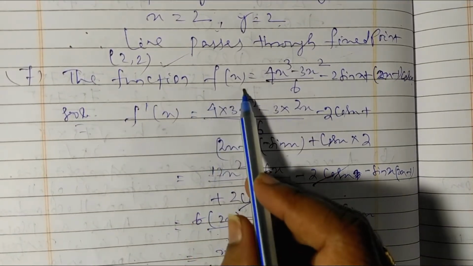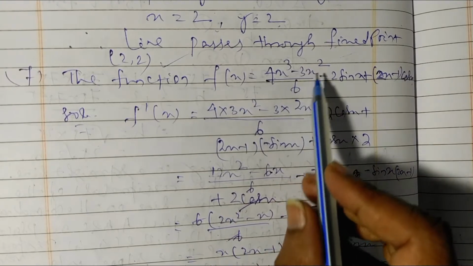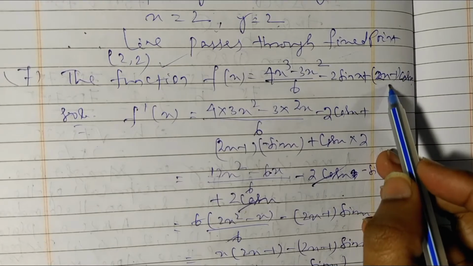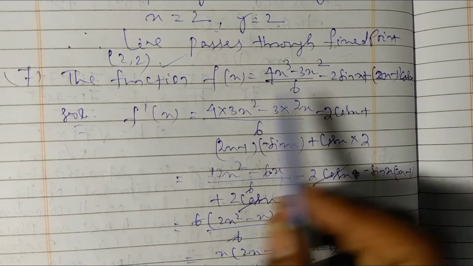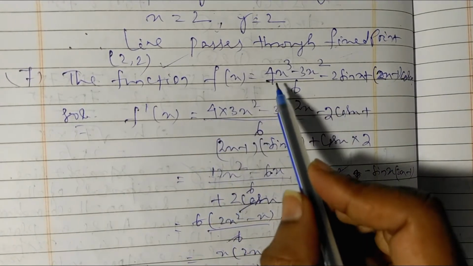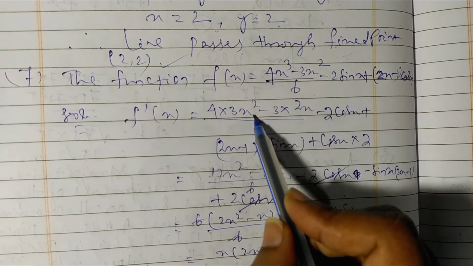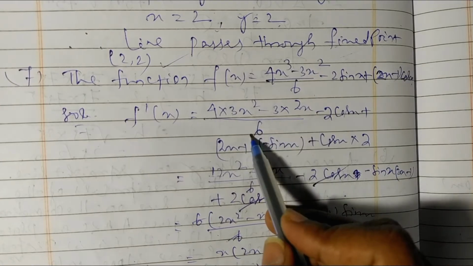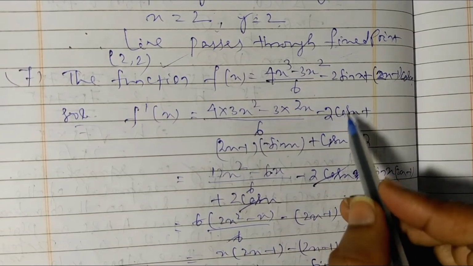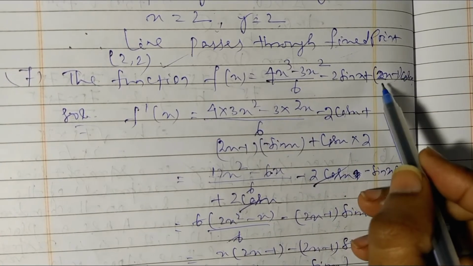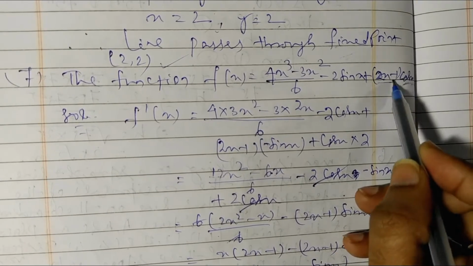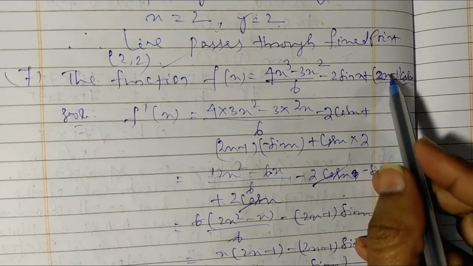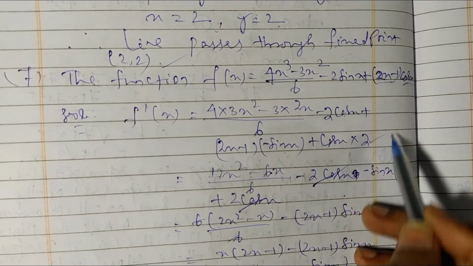The function f of x is equal to (4x cube minus 3x square) whole divided by 6, minus (2 sin x plus (2x minus 1) cos x). Then f dash x is equal to 4 into the derivative of x cube, which is 3x square, minus 3 into the derivative of x square, which is 2x, whole divided by 6, minus 2 into the derivative of sin x, which is cos x, plus, this is in u into v form, so (2x minus 1) into the derivative of cos x, which is minus sin x, plus cos x into the derivative of (2x minus 1), which is 2.